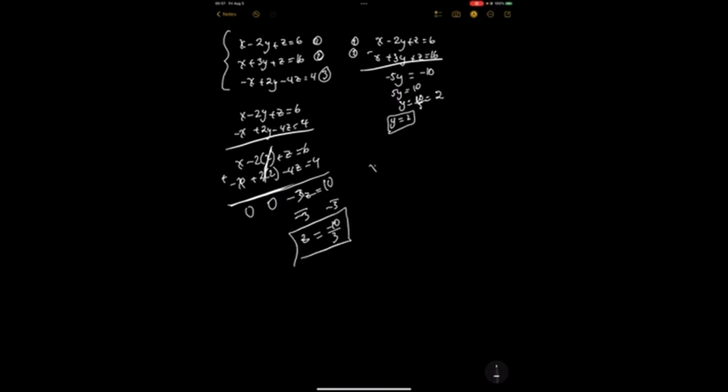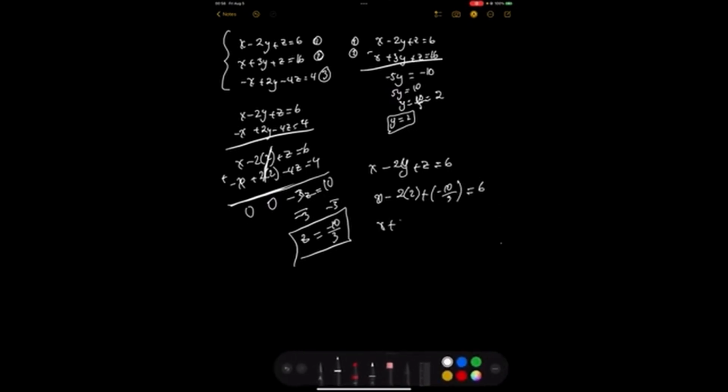Now I'm going to have x minus 2 times y plus z equals 6. And I'm going to replace y and z in that one. So it's going to be x minus 2 times 2 plus a negative 10/3 equals 6.